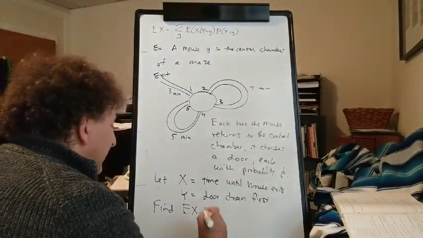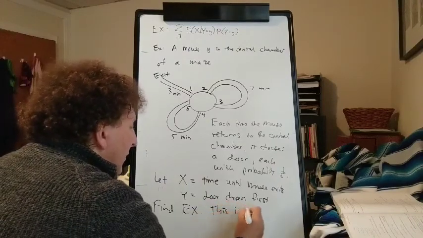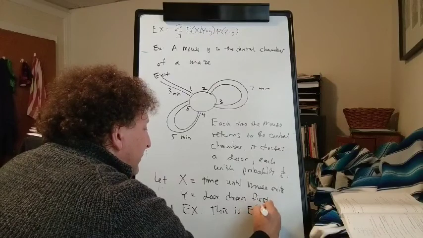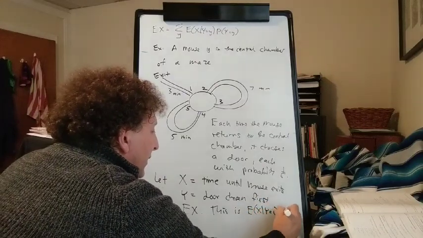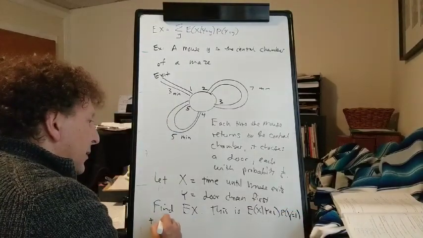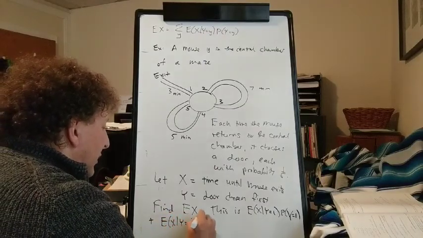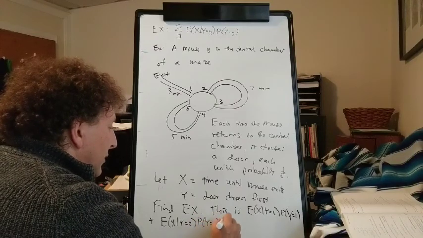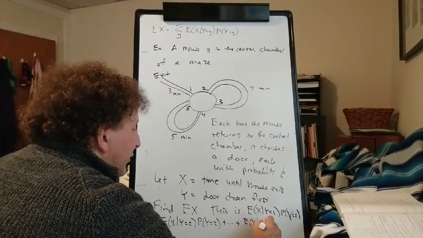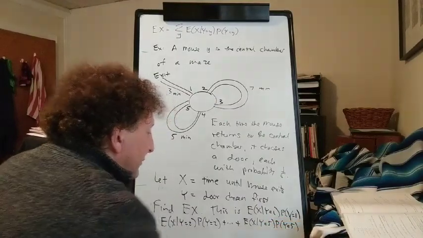Well, this is going to be the expected value of x given that the mouse chooses door 1 times the probability that the mouse chooses door 1, plus the expected value of x given that the mouse chooses door 2 times the probability that the mouse chooses door 2, etc., up to the expected value of x given that the mouse chooses door 5 times the probability that the mouse chooses door 5.